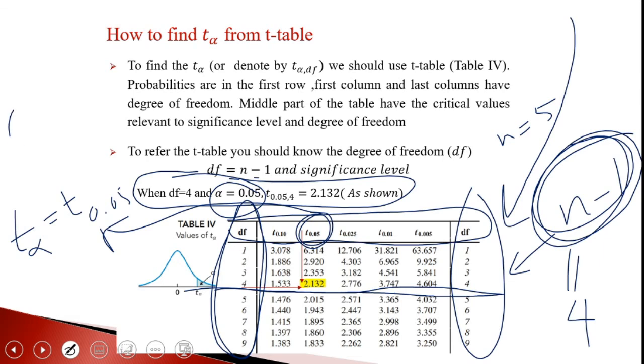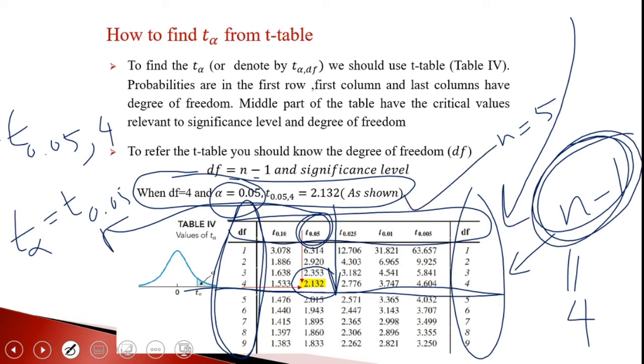So now I need to find t 0.05 comma 4 degrees of freedom. So degree of freedom this line and t 0.05 this line. Now you can find the cross line, the intersection. This is your value, the yellow colored value, 2.132.